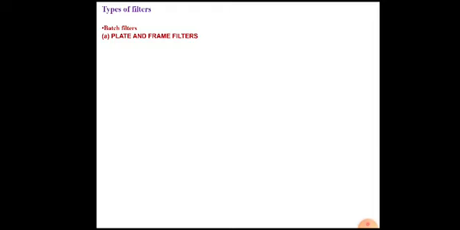Let us understand what batch filters are. The first category of batch filters is plate and frame filters. This is a type of pressure filter. It consists of plates and frames. These are the two things which make up this plate and frame filter.